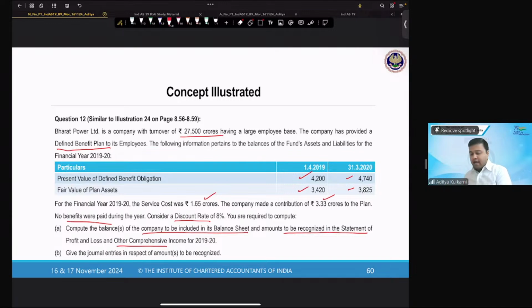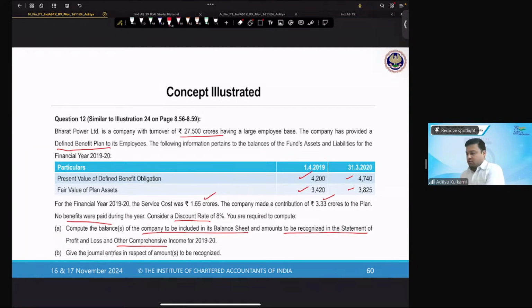So what I will be having is, you have two options. One is you prepare a net defined benefit asset account or a net defined benefit liability account and do all the calculations and journal entries in that one single account itself.